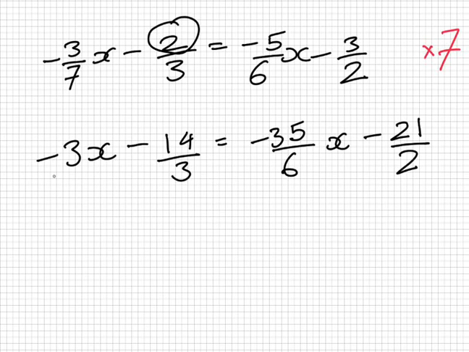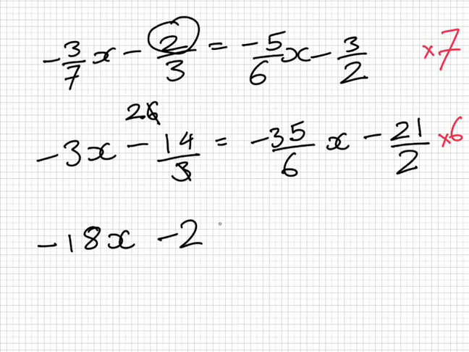So it's just removed this here. But the next number I multiply by, what should that be? 6. And the 6 is quite helpful here because it will get rid of those 3s. So we get minus 18x. Now, if I write the 6 here, 3 goes into 6 twice, so it'll be 28 here, 2 multiply 14.